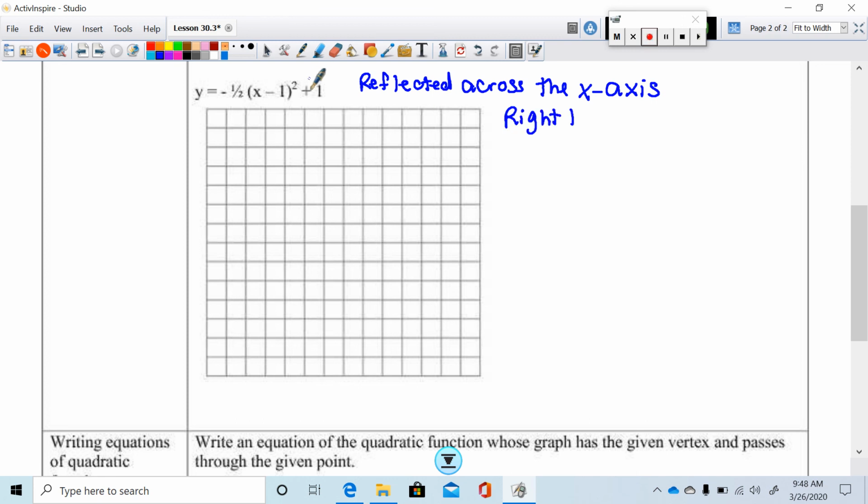And then adding at the end means up one. So it's going to be reflected across x, opening down. It's going to be right one and up one from the parent function. Oh, I forgot the 1/2. Sorry about that. Okay, so the 1/2 is a vertical shrink of 1/2.